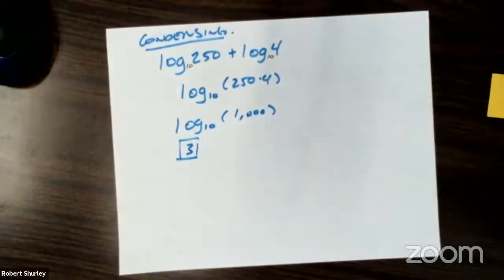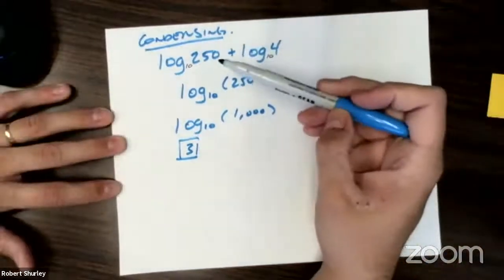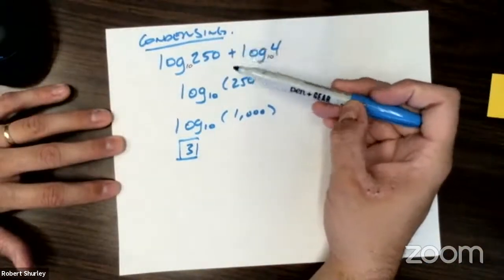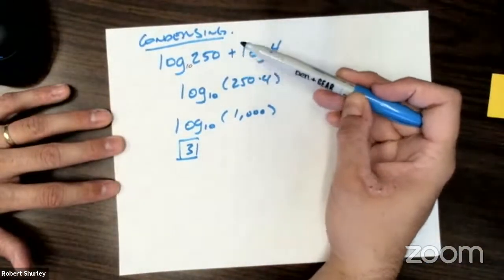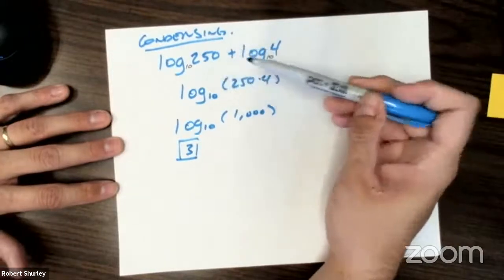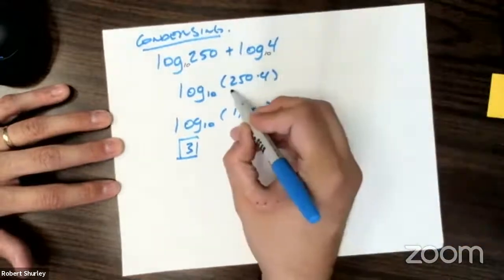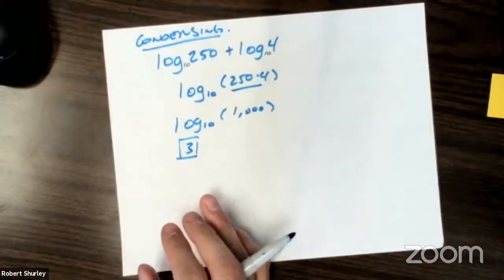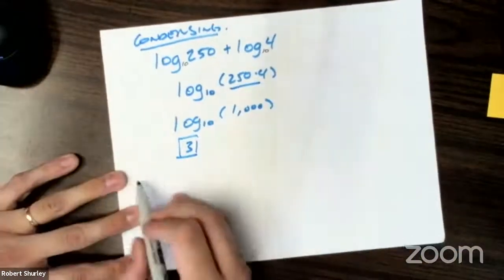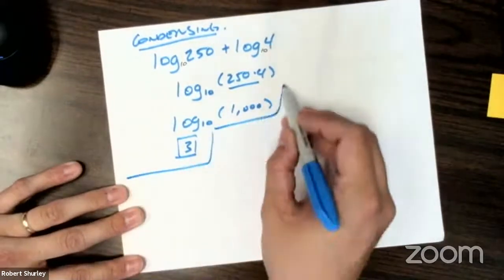But the main idea for condensing is you have to see your operation. It's addition, so I can condense it inside if I have the same logarithm, same base. I can condense it into one with multiplication.